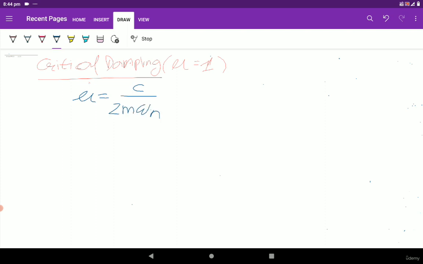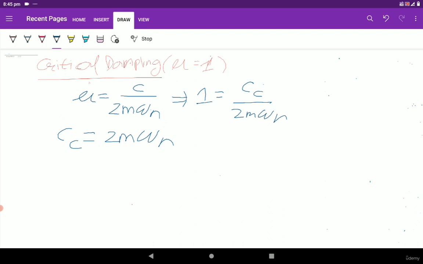After substituting the damping factor equal to 1, we get the critical damping coefficient Cc equal to 2 m omega n.